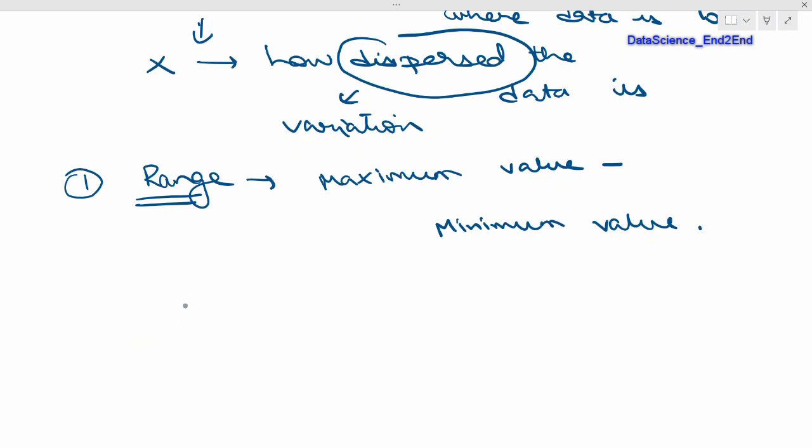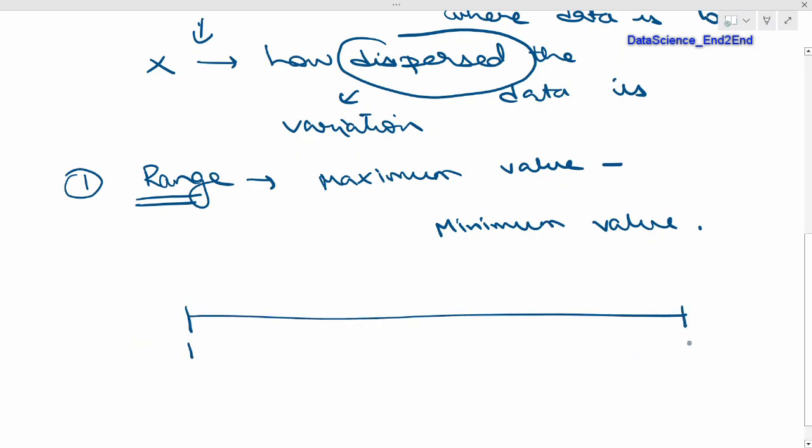That is range. For example, the score in any particular test can range from 1 to 10, and there are many students who have given this test, but most of the students have secured a score of 8 or 9. There are only a few, basically 5 to 6.